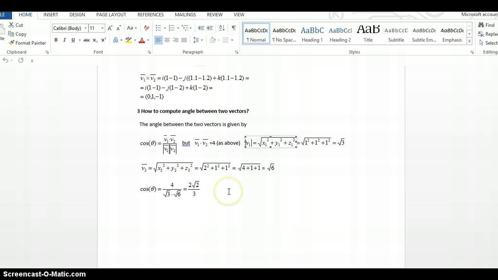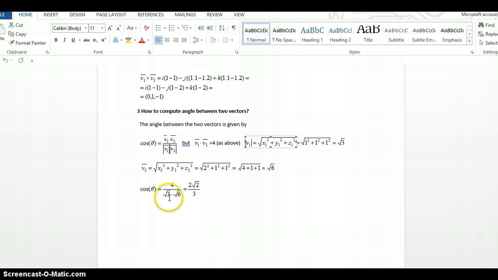So 4 divided by root 3 times root 6 is the same thing as saying root 3 times root 3 times root 2.